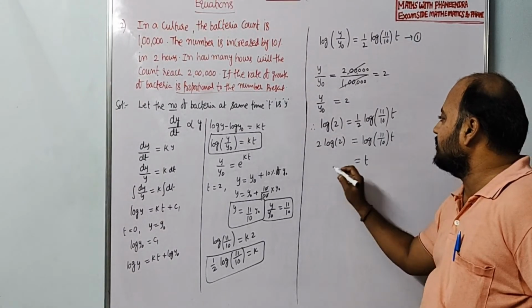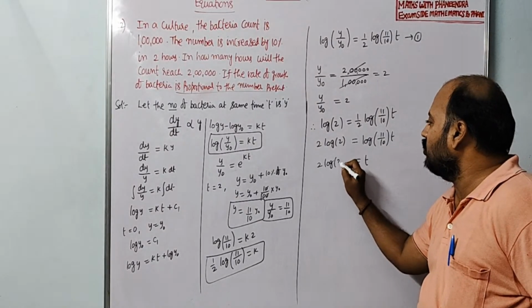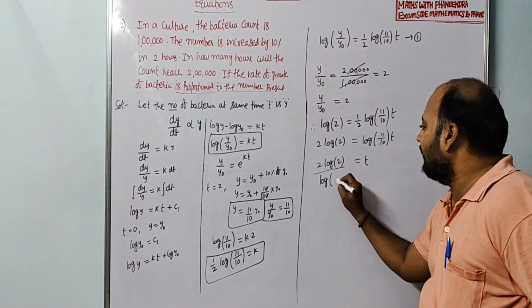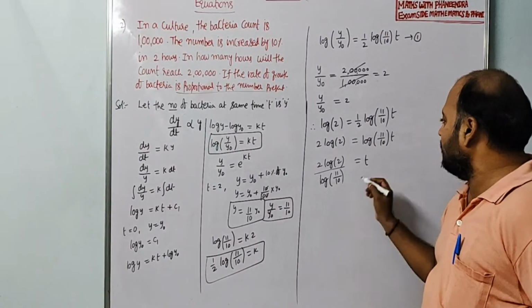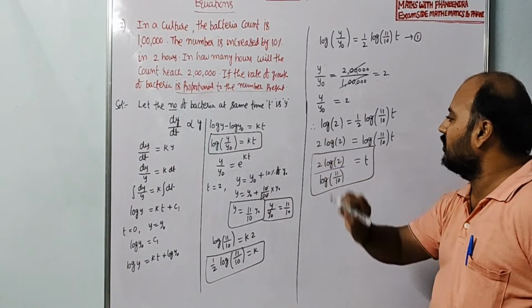So t is equal to 2 log 2 divided by log 11 by 10. This is the value of t.